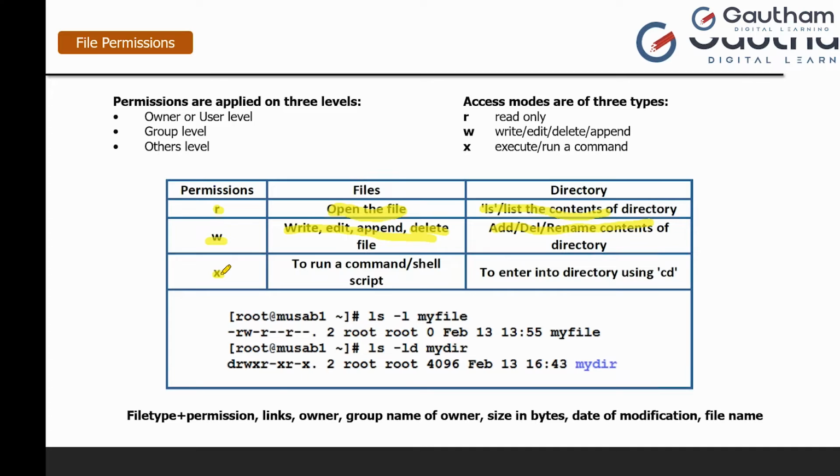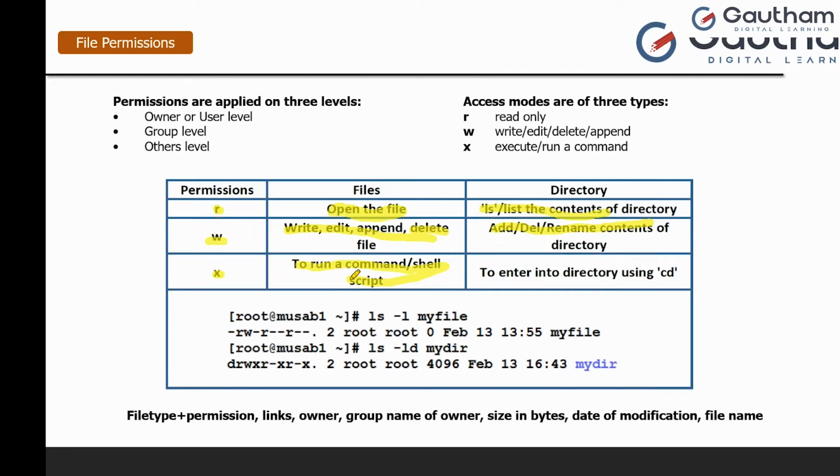Lastly, we have execute permission. This will allow people to run the command or shell script. See guys, execute permission on a file is not generally required. Execute permission is required on a file if the file is a special executable file, which is called a script. So if your file is a script, in that case, we require execute permission.